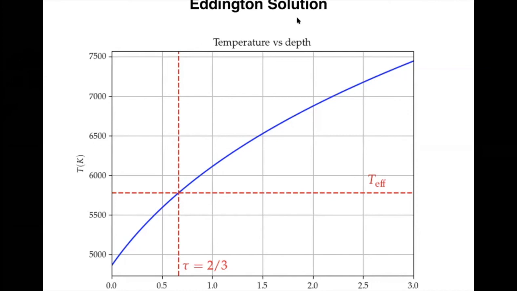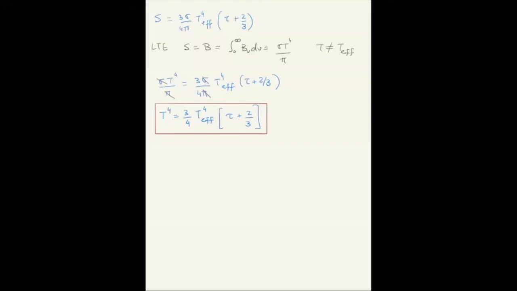It's interesting to see where you'd have the temperature being equal to the effective temperature. You can go back to the equation and solve for the temperature being equal to the effective temperature. That's going to give you tau plus 2/3 is equal to 4/3. So that means tau is equal to 2/3.